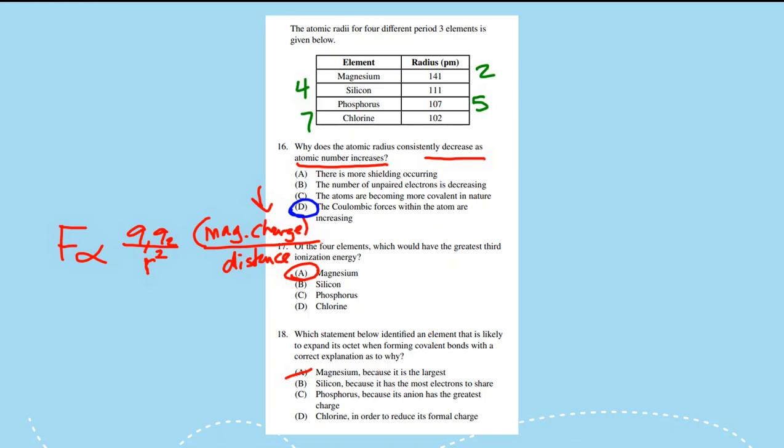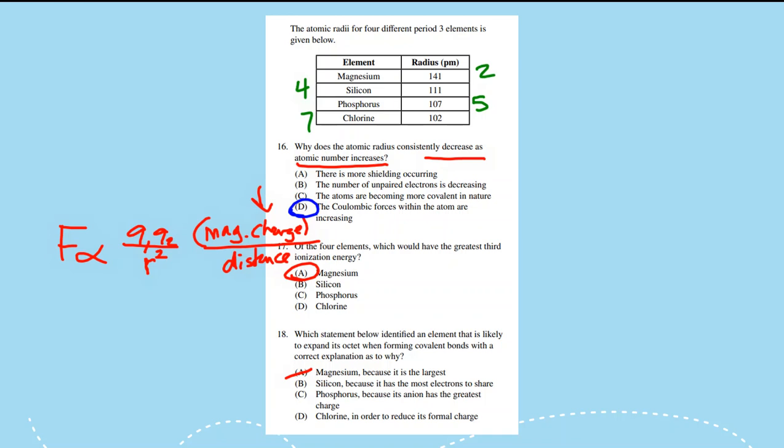Let's look at phosphorus, because it's an anion and has the greatest charge. Yeah, phosphorus can be an anion, but it can also bond covalently. And it does form a -3 charge. But are we really interested in forming an anion if we're talking about expanding octets for covalent compounds? Probably not a good one.